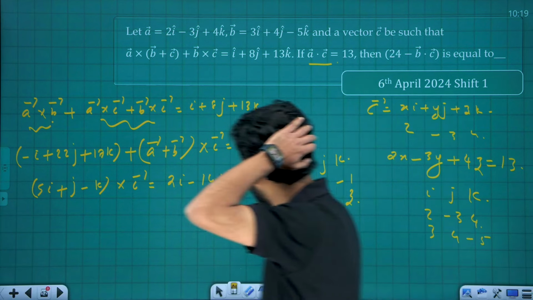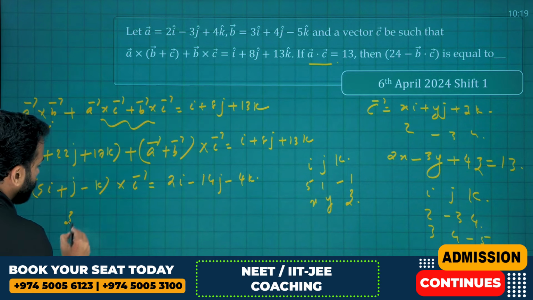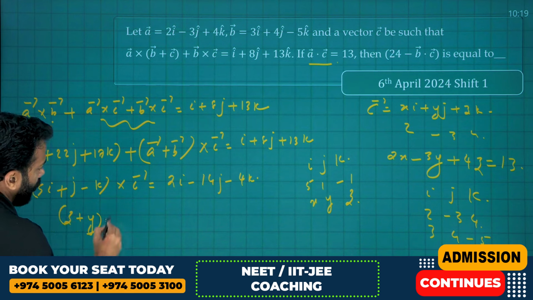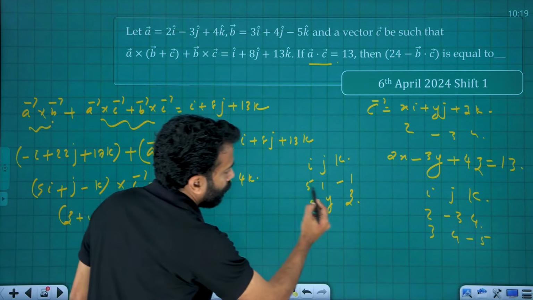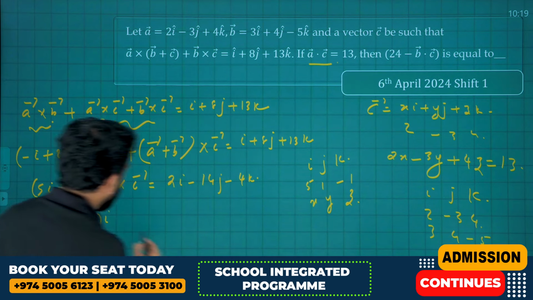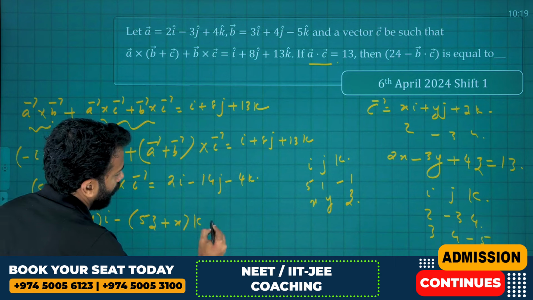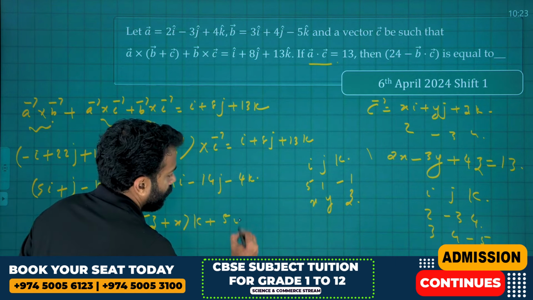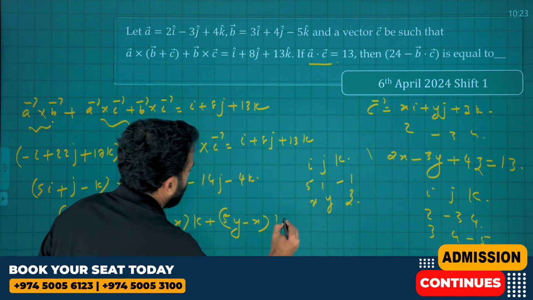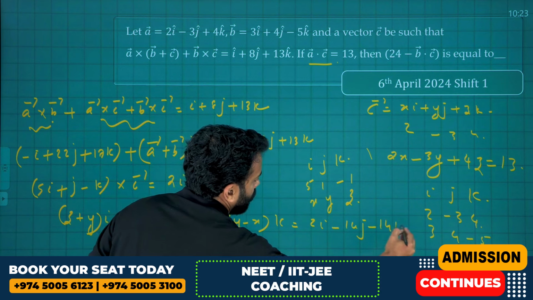Let's write that here directly. It will be z plus y, that is z plus y into i. Next one, minus of 5z plus x into j, and 5y minus x into k is equal to 2i minus 14j minus 14k.